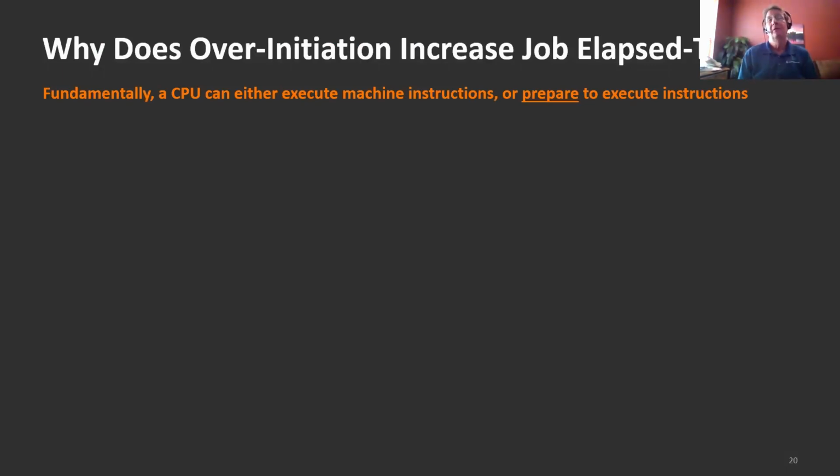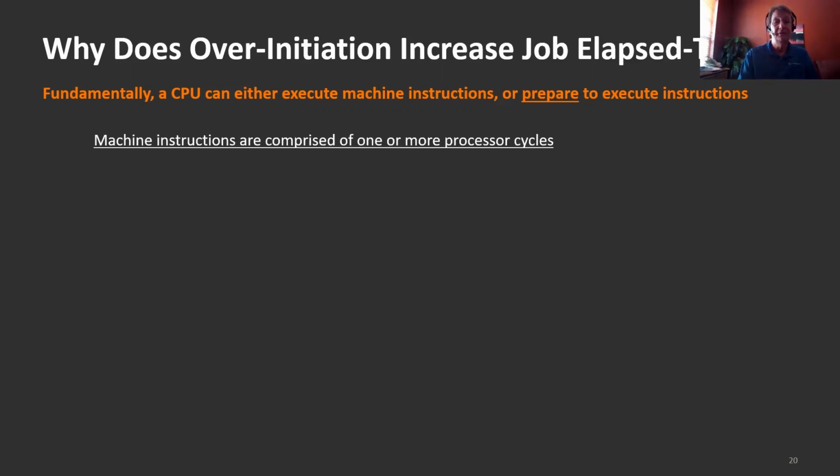Well, look at it this way: the core, the CPU chips in a Z machine, can do one of two things. They can either execute a machine instruction, or they can prepare to execute a machine instruction.